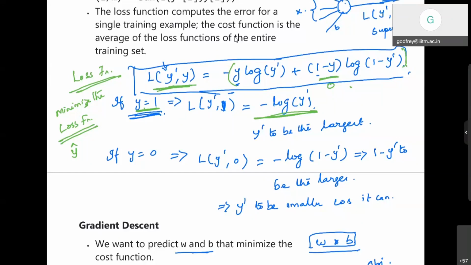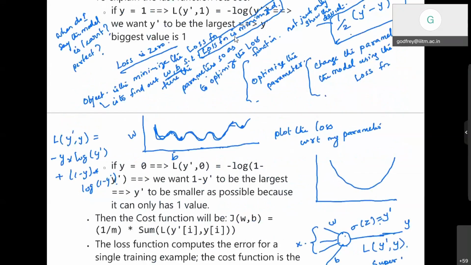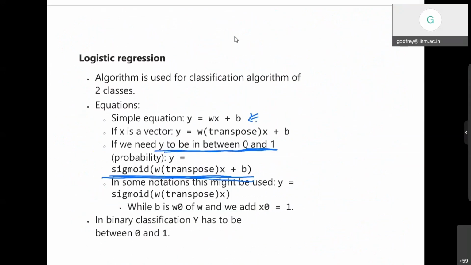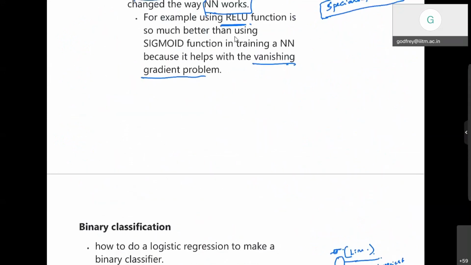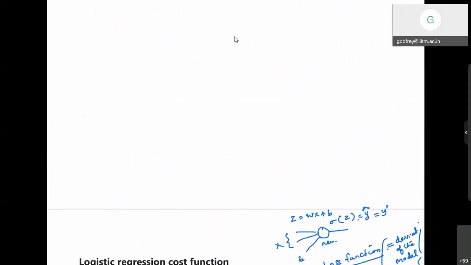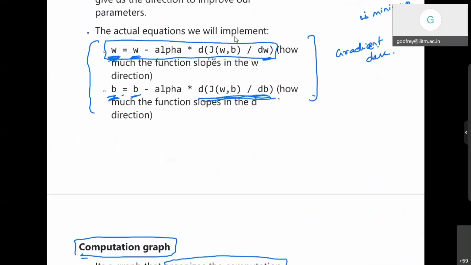This should be minimum. In order to make this minimum, what should our y dash be? Y dash should be maximum. What is the maximum value that y dash can take? How do you compute y dash? Y dash is equal to sigma of z. So this is what we saw earlier.